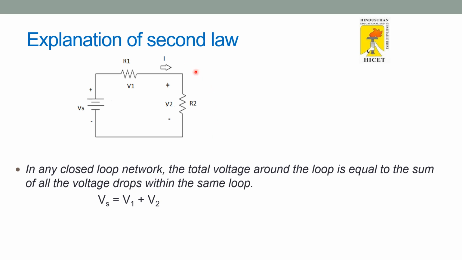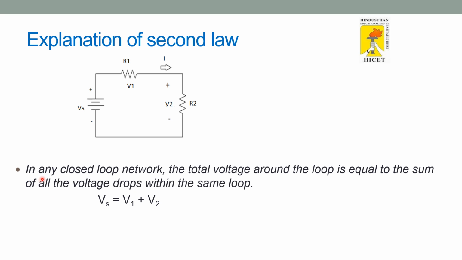Here we have the same circuit. Vs is considered positive. Vs equals the voltage drops. V1 is a voltage drop and V2 is a voltage drop across the resistances.